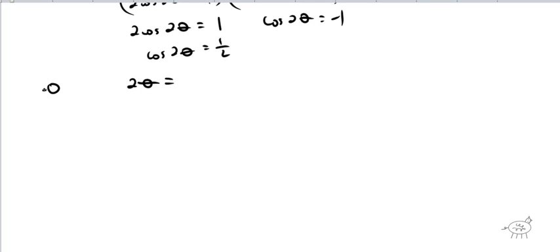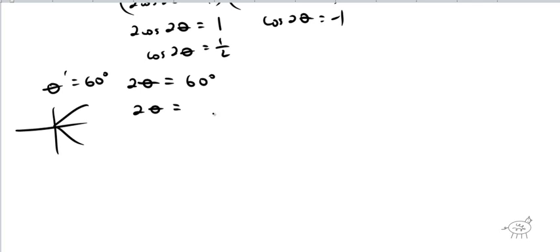What's the reference angle? Again this is degrees, so it's cosine of 60 degrees that is 1/2. We're positive here and here. So 2 theta equals 60, and 2 theta is equal to 300.